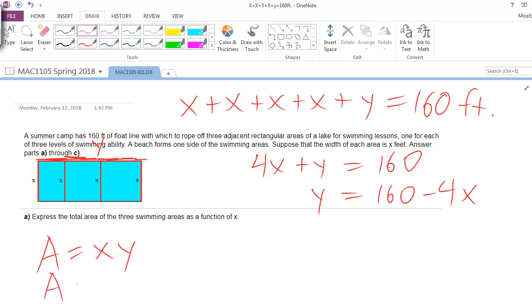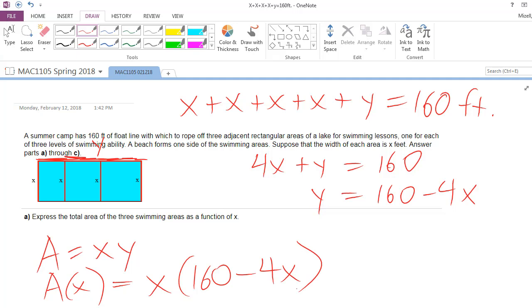So the area, and you can write it as a function of x, is going to be x times 160 minus 4x. I think it is helpful in each case to use that y, that extra letter of the alphabet, for that extra dimension of the rectangle.